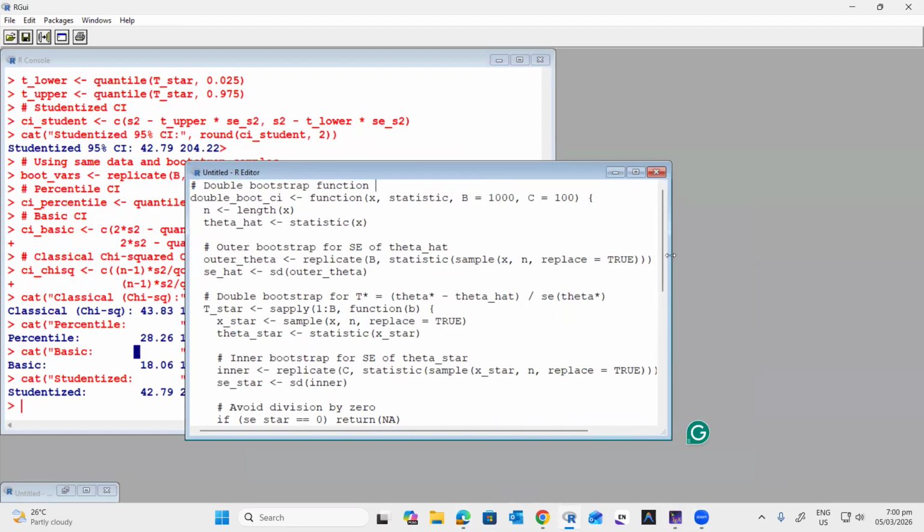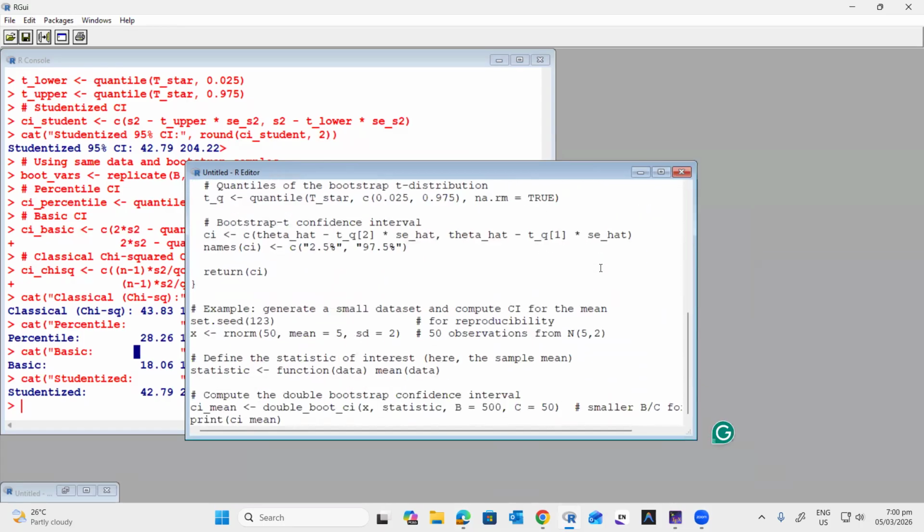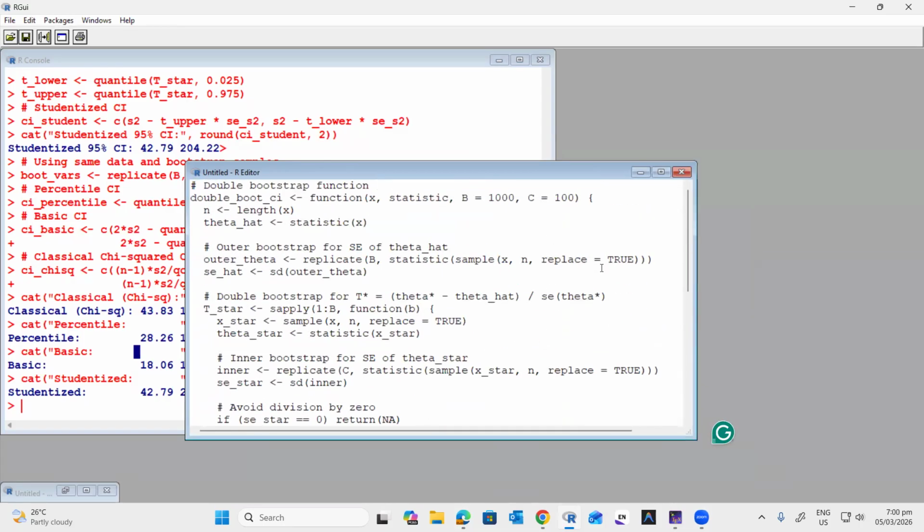So here we are defining the double bootstrap confidence interval function for a simulation study.